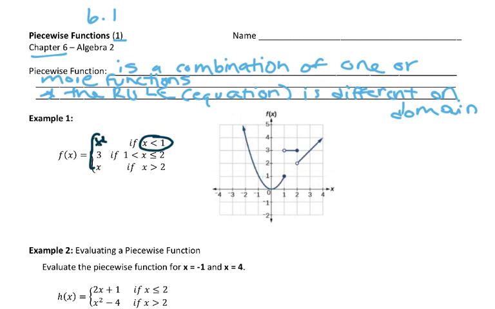And then over here, our y equals 3, and it's between 1 and 2, so it's between this part and this part on our domain. And then the last one goes to a linear equation, y equals x, when x is greater than 2 on the domain.